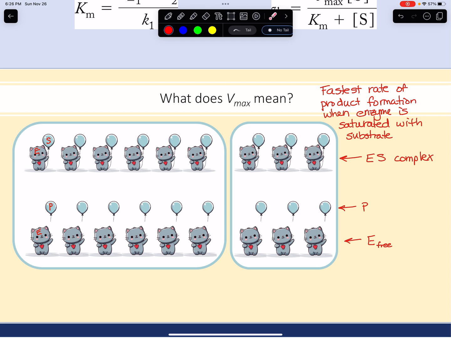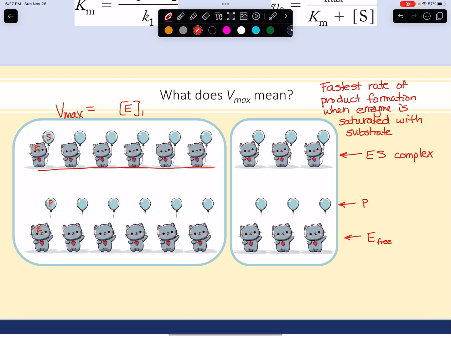Now we can make a mathematical assumption, which is that our maximum rate, which I'm going to call V maximum, is going to be when all of my enzyme is bound to substrate, and so my enzyme substrate complex is equal to my total concentration of enzyme.